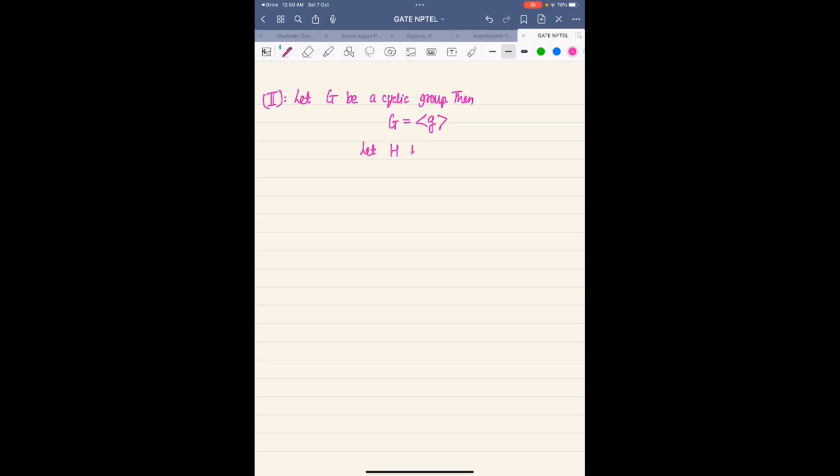Let H be a subgroup of G, then G modulo H is equal to what? It will be generated by the coset G plus H. Right? So G modulo H is cyclic.